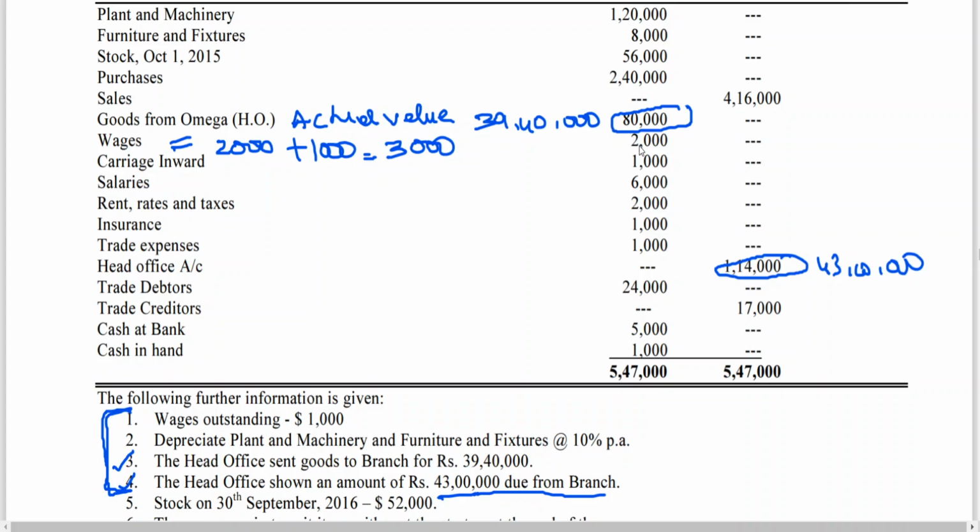Then it will become 3000. And the credit side will become 1000, because when debit is increasing, the trial balance will not tally. So whatever outstanding wages you are adding will appear on the credit side of the trial balance. That is the meaning of incorporation.